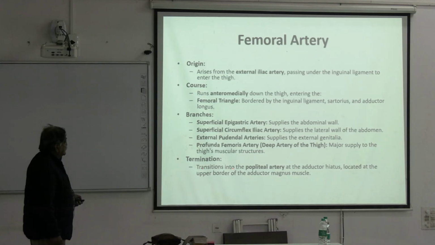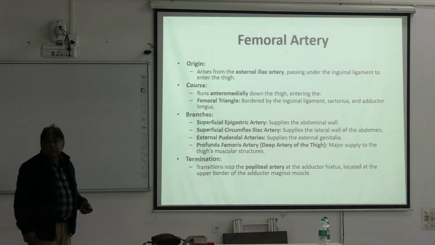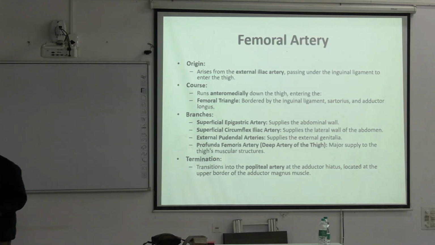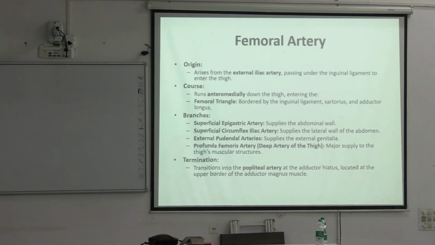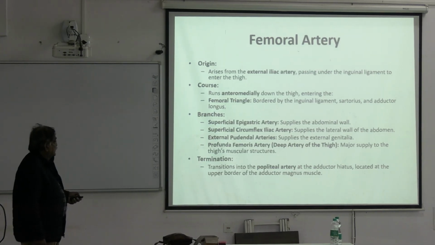Termination: transition into the popliteal artery at the adductor hiatus, located at the upper border of the adductor magnus muscle. You can see the adductor muscle, and then it goes to your thigh musculature.